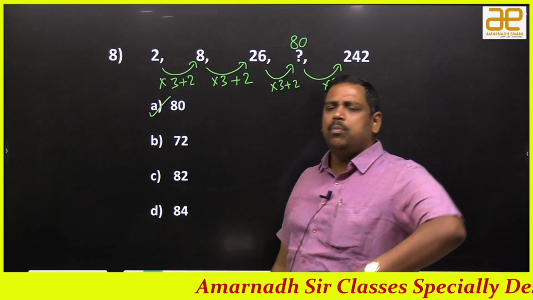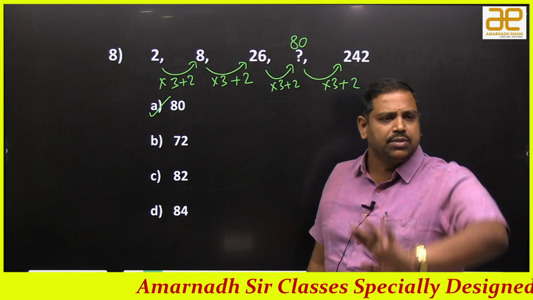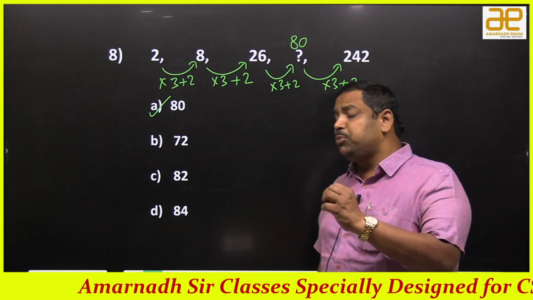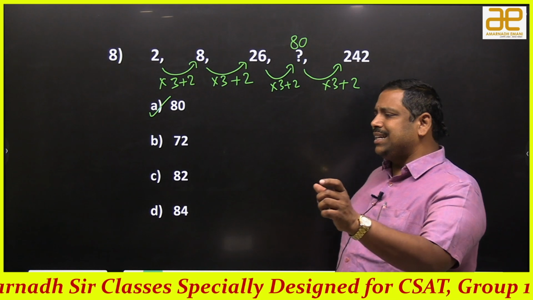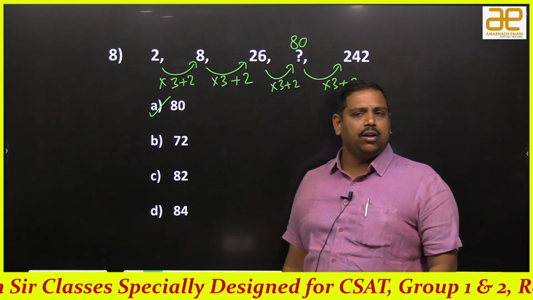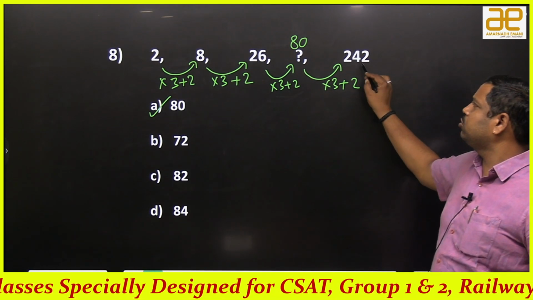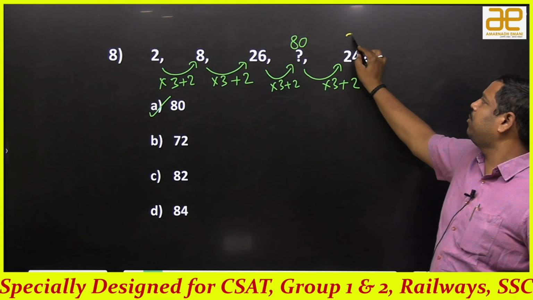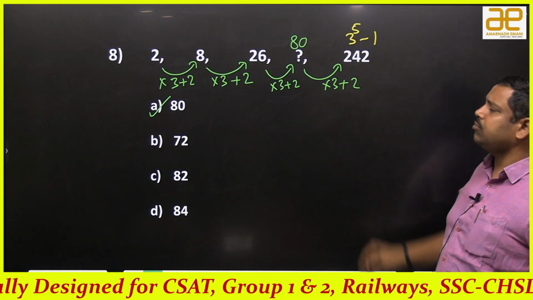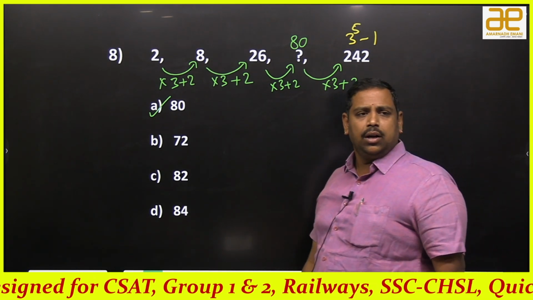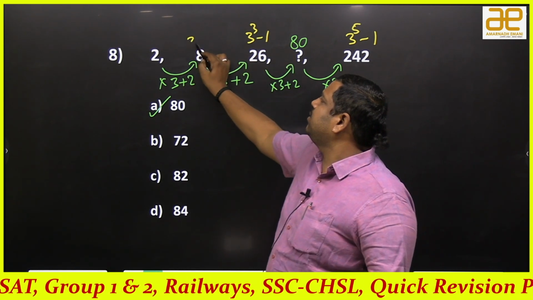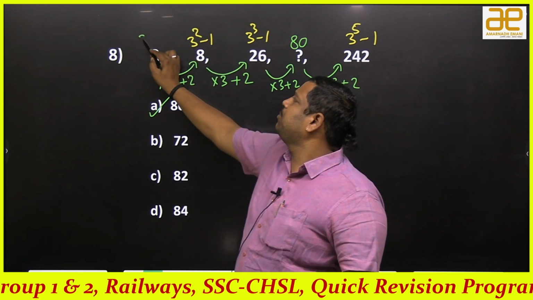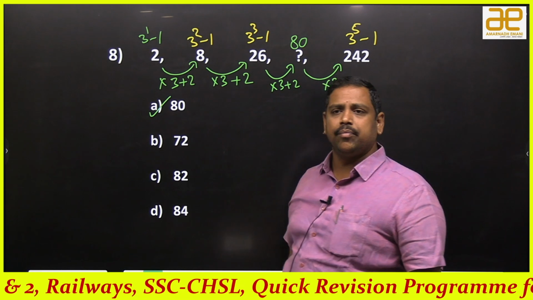This is the common methodology that almost all the students will try. But there is a beautiful methodology to do it. Actually, just now I said that 3 power 5 is 243. Am I right or wrong? This number is very close to that. Can I call it 3 power 5 minus 1? 3 cube is how much? 27. It is just 1 less than 3 cube minus 1. 3 square is 9 minus 1. 3 power 1 is 3 minus 1.